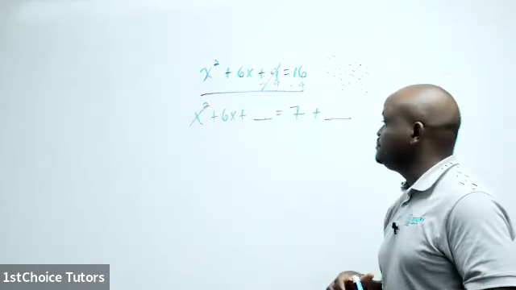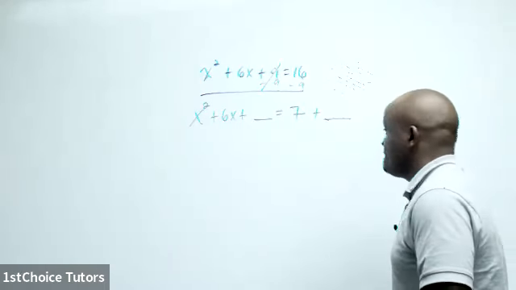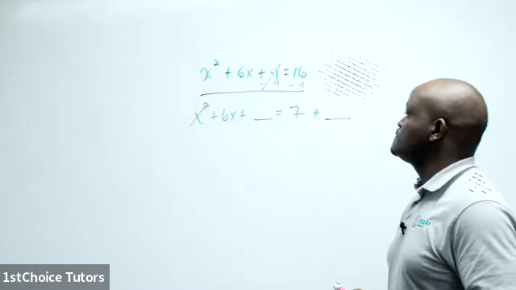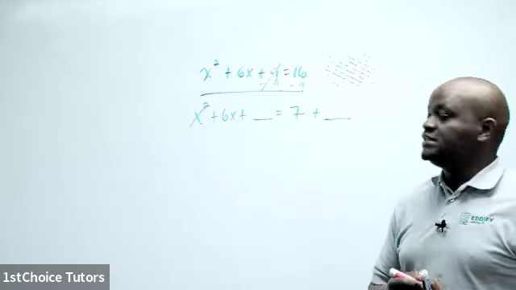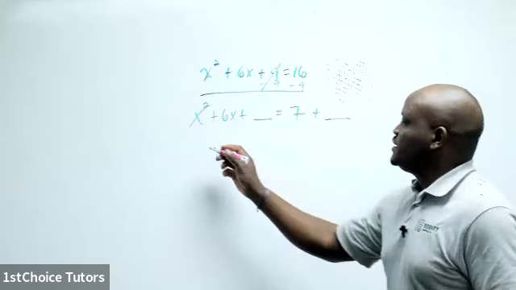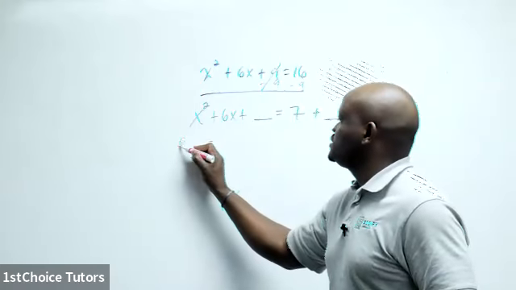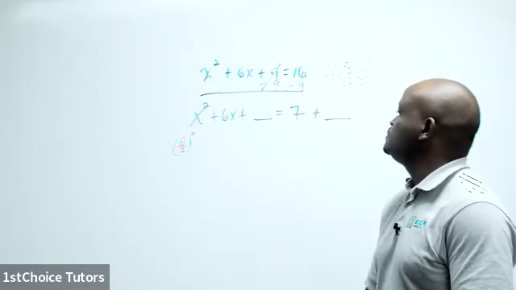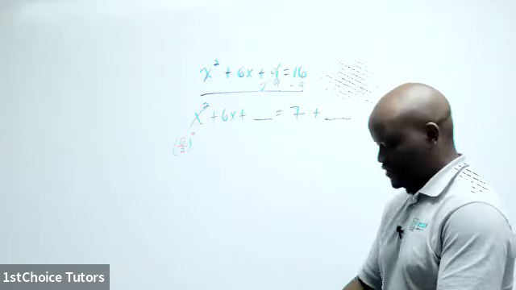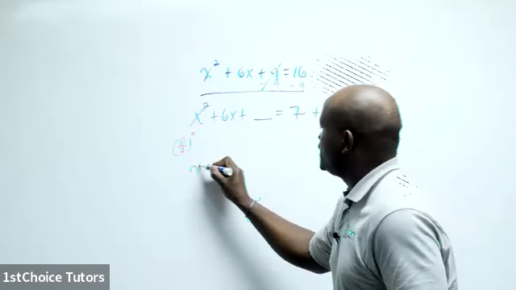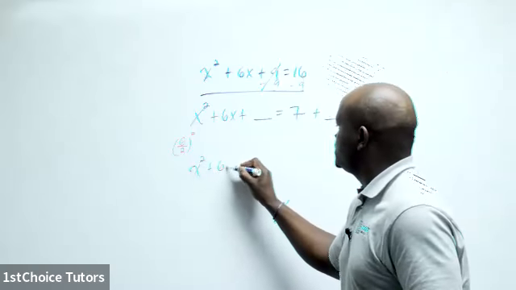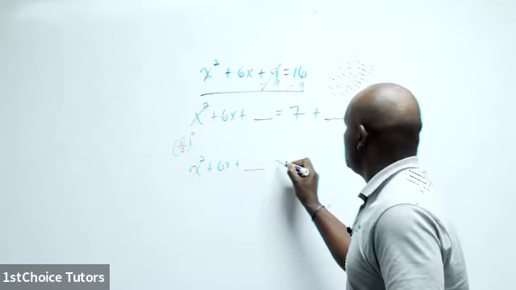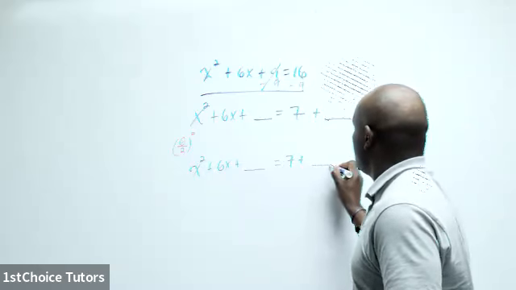Yeah. Next step. Fill blanks. Use b over 2 squared. Oh, that's a good idea. Let's do that. What's the b value? 6. So it'll be 6 divided by 2 and then square that guy. What is that? It's 9. So we're going to fill the blanks with 9. So we have x squared plus 6x plus 9 equals 7 plus 9.